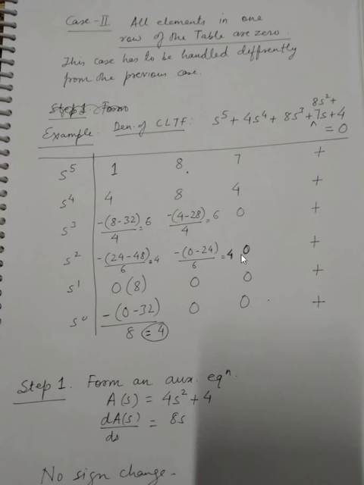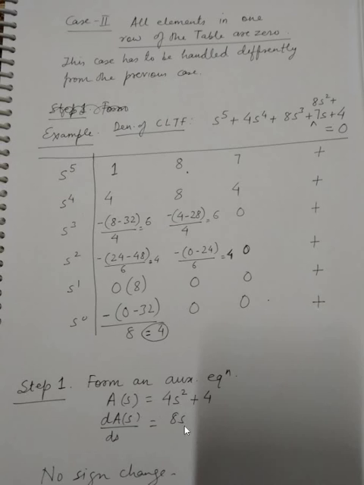Had this row been the 0 row, I would have used these entries, and that would have been 6s cube plus 6s. But right now I am using this one because the s to the power 1 row has the zero entries, so I'll use the entries just above it and form this auxiliary equation. Once you form this auxiliary equation, you have to differentiate it, so that will be 8s.